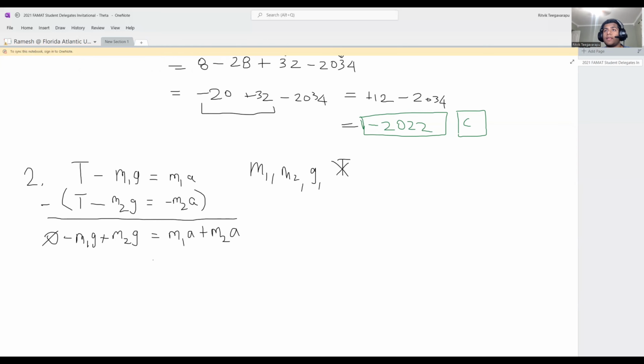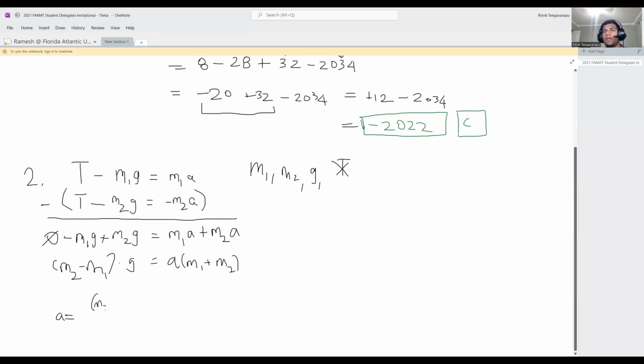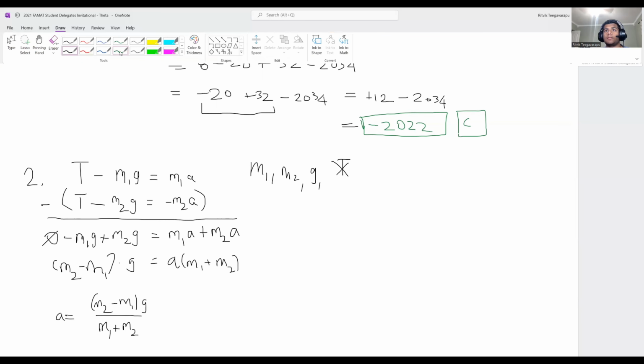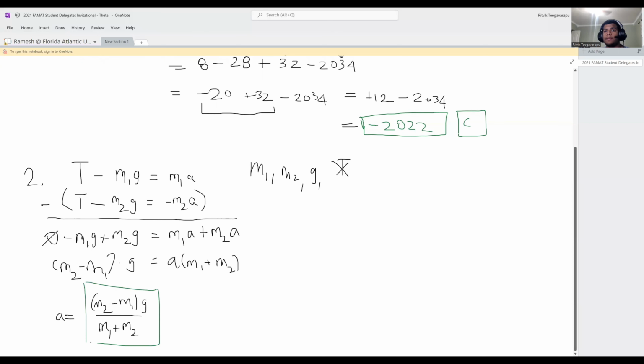We can factor out A here, which results in A times M1 plus M2, which is M2 minus M1 times G, which therefore results in A being M2 minus M1 G all over M1 plus M2, which is directly answer choice A.